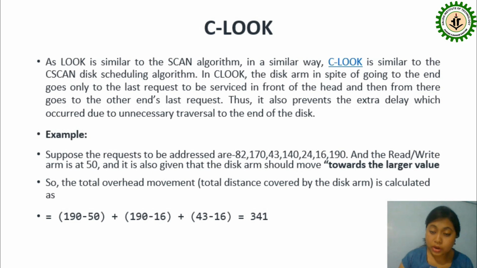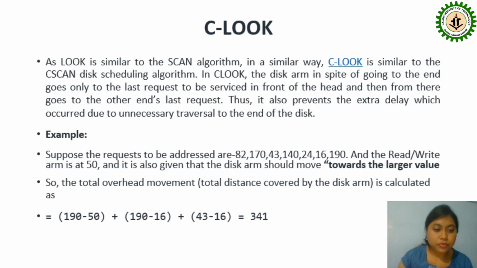So from 190 we go to the other end's last request, that is 16. So from 50, first we go to position 190 through 82, 140 and 170. Then from 190 we go to the other end's last request, that is 16, and from 16 we move towards the other requests, that is towards 43 through 24.